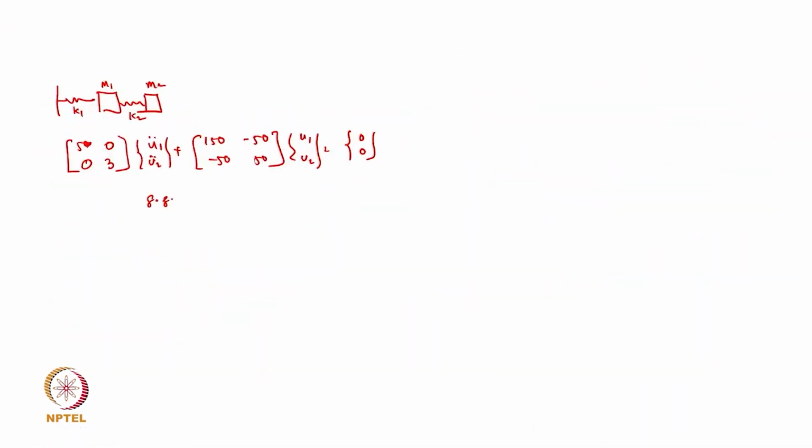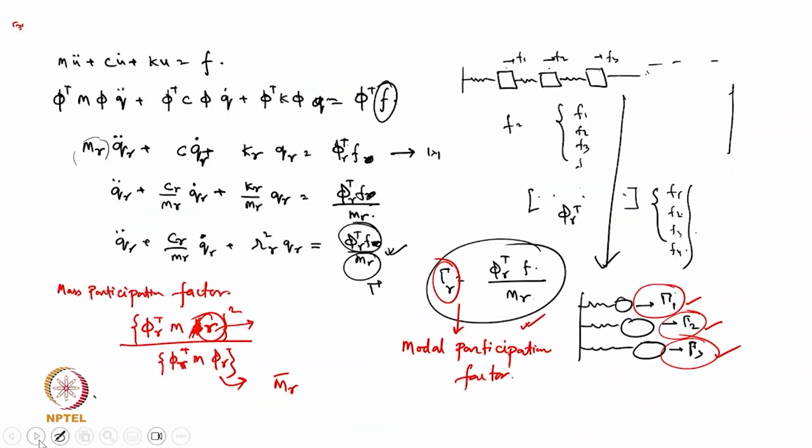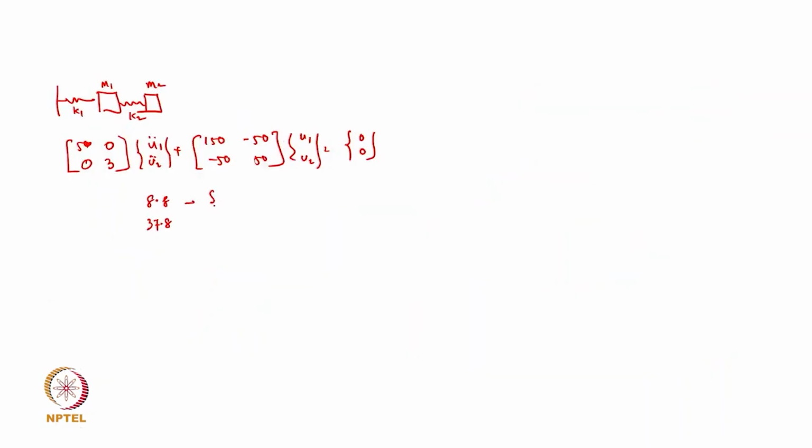So we are getting two frequencies, 8.8 and 37.8. Good. And what are the mode shapes? Minus 0.23, 0.49. So that is corresponding to minus 0.23 and minus 0.49, and the other one corresponds to minus 0.38, 0.30. So that is my phi 1, that is my phi 2, this is my omega 1 square, this is omega 2 square.